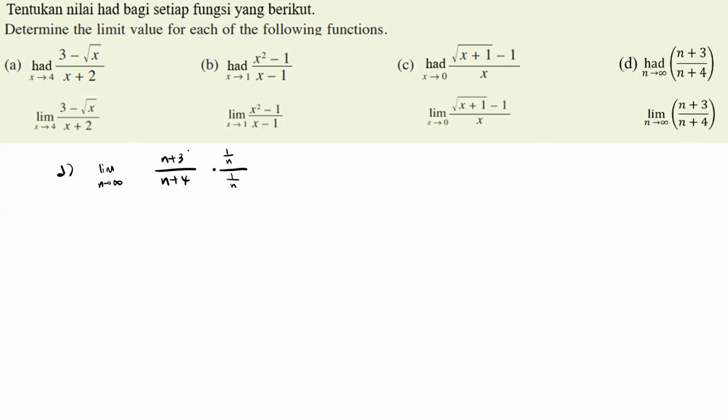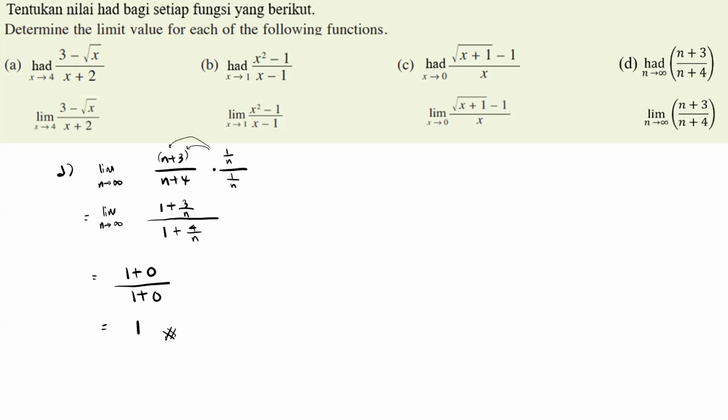So when you multiply this into n plus 3, you will have, as n approaches infinity, n times 1 over n is 1, plus 3 over n, over 1 plus 4 over n. So now if you put the infinity in, isn't it you have 1 plus 0 over 1 plus 0, and therefore the answer is 1.